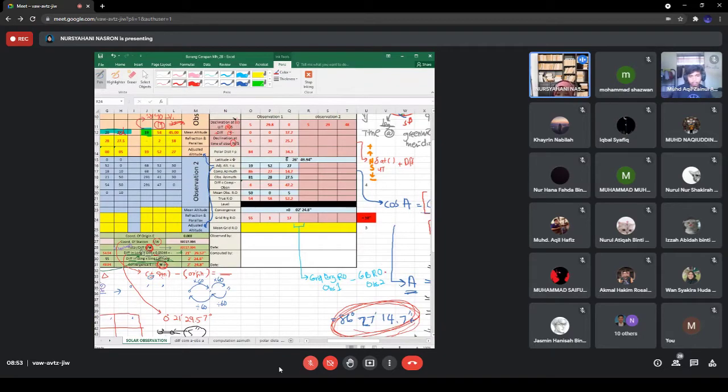The difference must be less than 10 seconds. Within this tolerance, barulah your solar observation has been accepted.